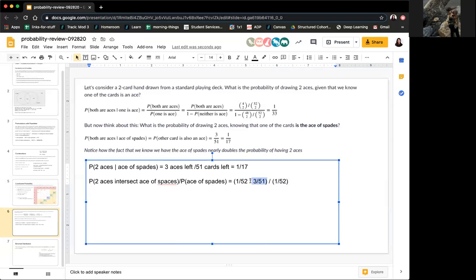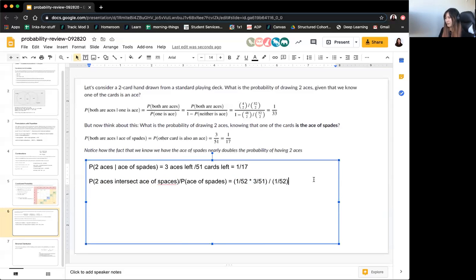I do think that coming up with this number in this context is a little bit harder than just thinking, all right, I already have the ace of spades. What is the probability of the next one also being an ace? But this one happens to work out. It does take a little bit of thinking to formulate how you get this part translated into these numbers.